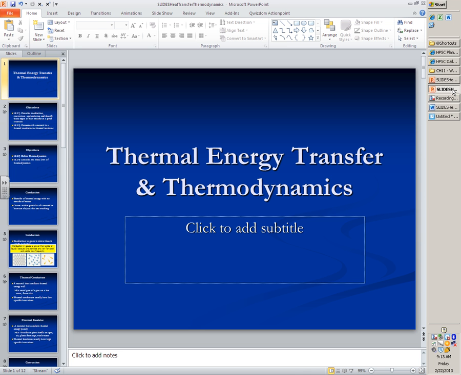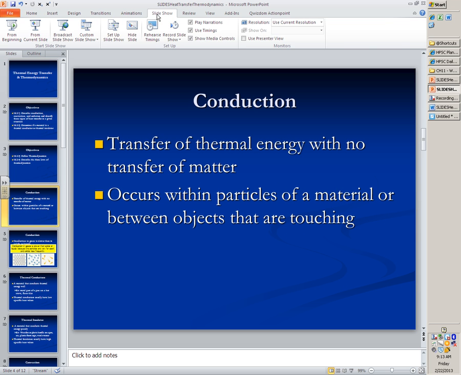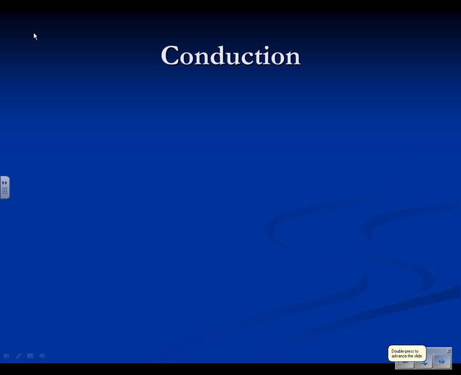Heat, right? This is how heat occurs. This is how energy transfers from one place to another place. There are three ways that it can happen. So let's start with the first one that's on your outline. And that first one is called conduction. Okay?